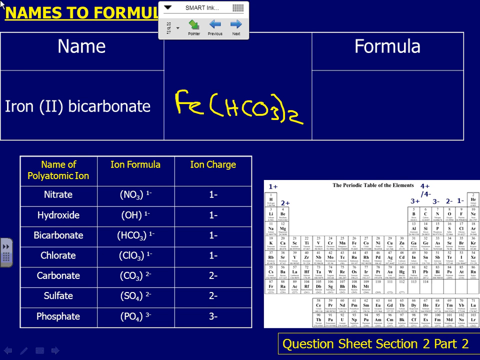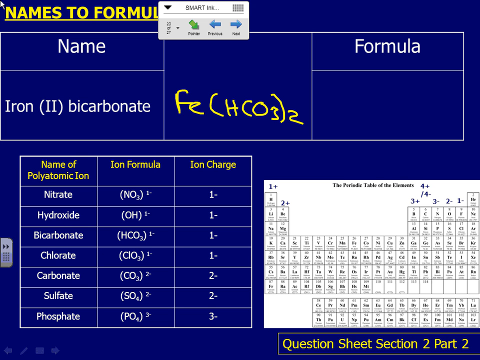Around this one? If I have a number 1 that crosses over, then technically you don't need the brackets. But if there's a 2 that crosses over, you must have the brackets. Because the brackets tell us that it's not just 2 of the oxygens, but it's 2 of the hydrogens and 2 of the carbons and 6 oxygens.